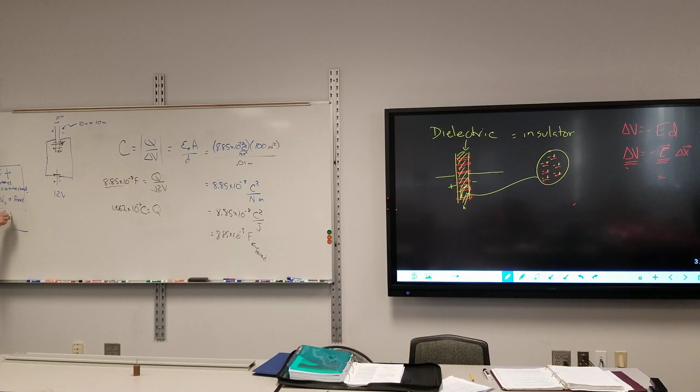If the battery is disconnected, and we will assume that the disconnection of the battery is done ideally, charge on the capacitor is fixed.